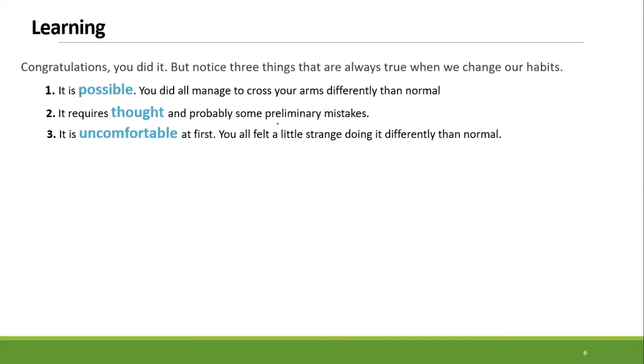We must have made some preliminary mistakes. We had to think about how to do it. And third, it was uncomfortable at first. We felt a little strange doing it differently than normal. Thank you, Shivani.